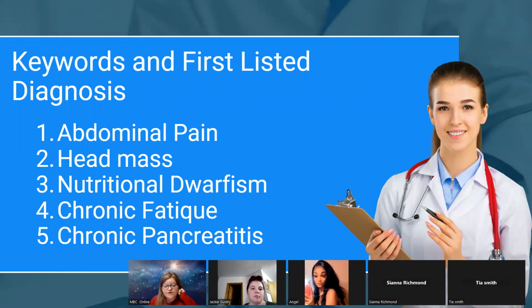Chronic is kind of like acute. It's a descriptor. It's either chronic, which is like all the time, or acute, which is hit all of a sudden. So you're going to pick fatigue. And how about chronic pancreatitis? Pancreatitis. That is correct. Again, chronic is one of those descriptor words.